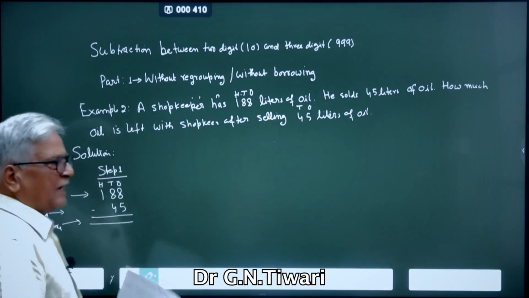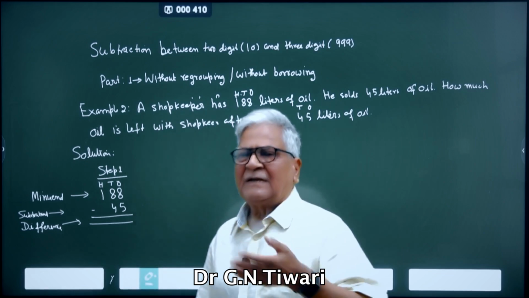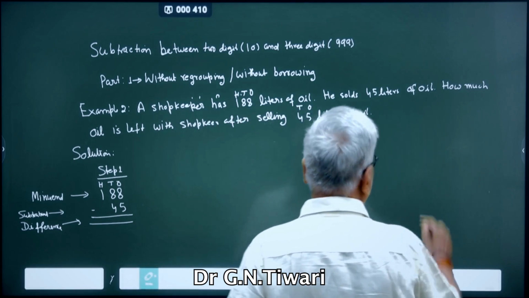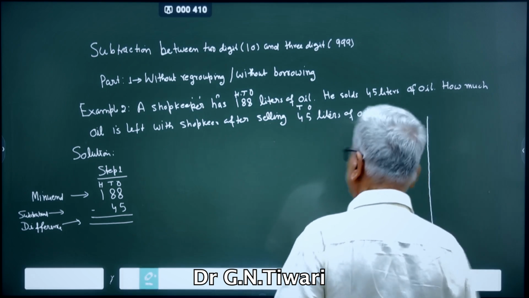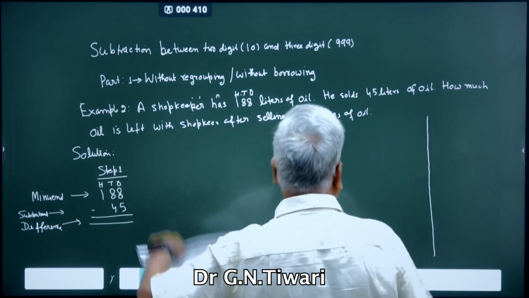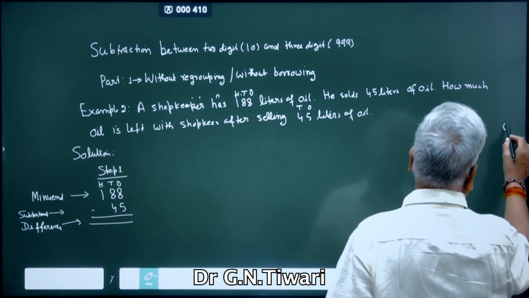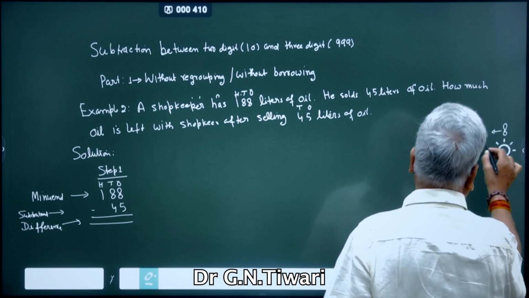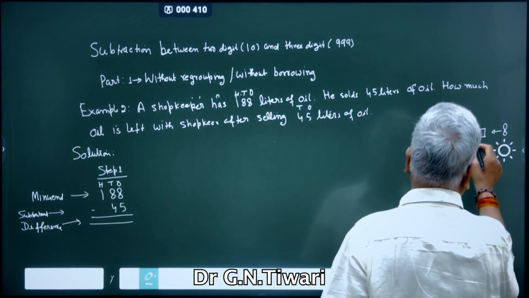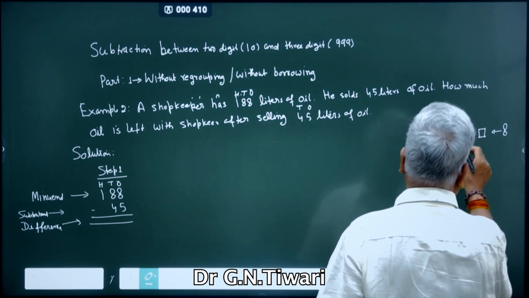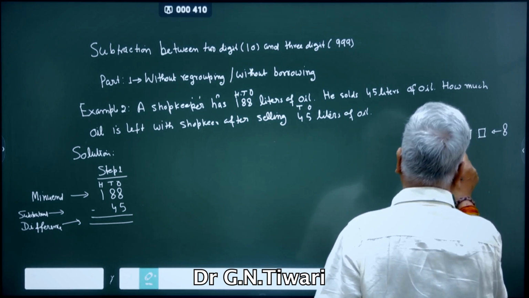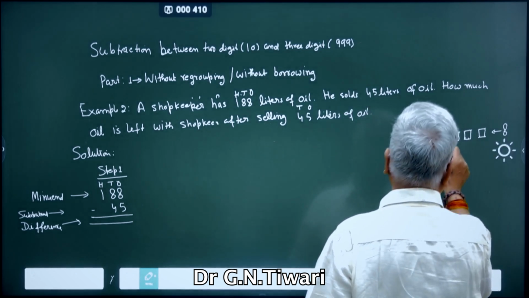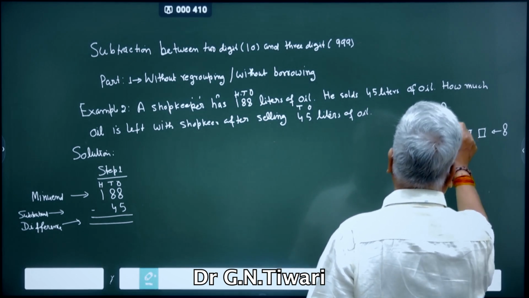Step 1. Now it is very easy to subtract. Make a rough work, and subtract 5 from 8. So write 8 here, then 1, 2, 3, 4, 5. Rough work.